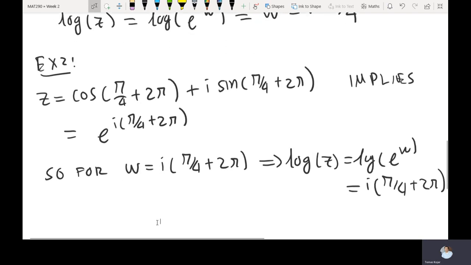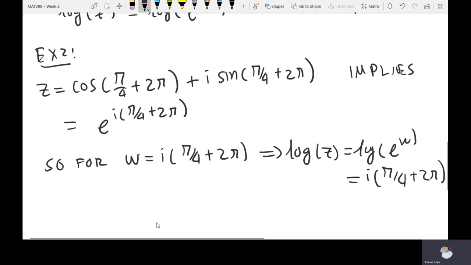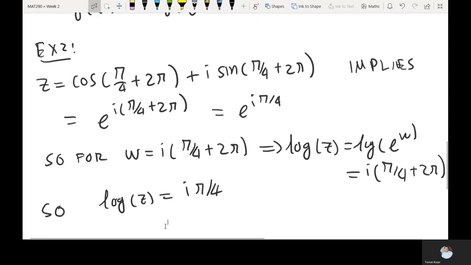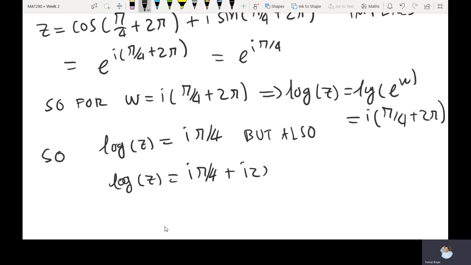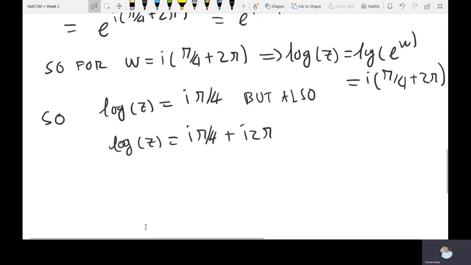So we showed that log of z is equal to i pi over 4, but also log of z is equal to i pi over 4 plus i 2 pi. And you could have continued that.